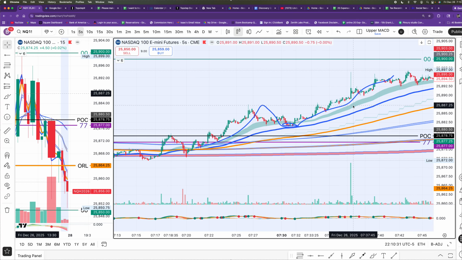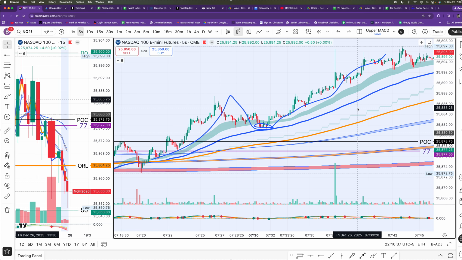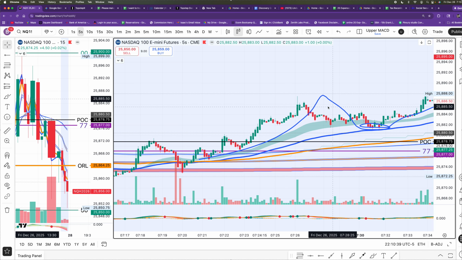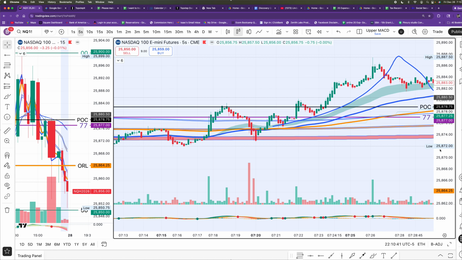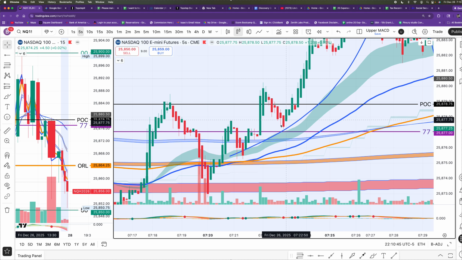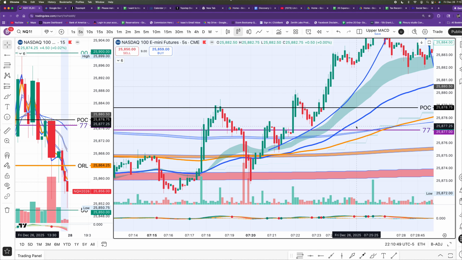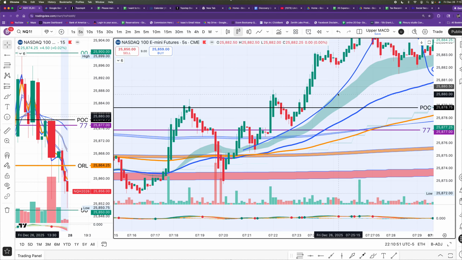That's the 1 minute 3 and 6. I don't use them too often. When price is really screaming, sometimes I will look at those in conjunction with something else, for example some horizontal grid line levels. But for now, I don't want to confuse the issue too much.